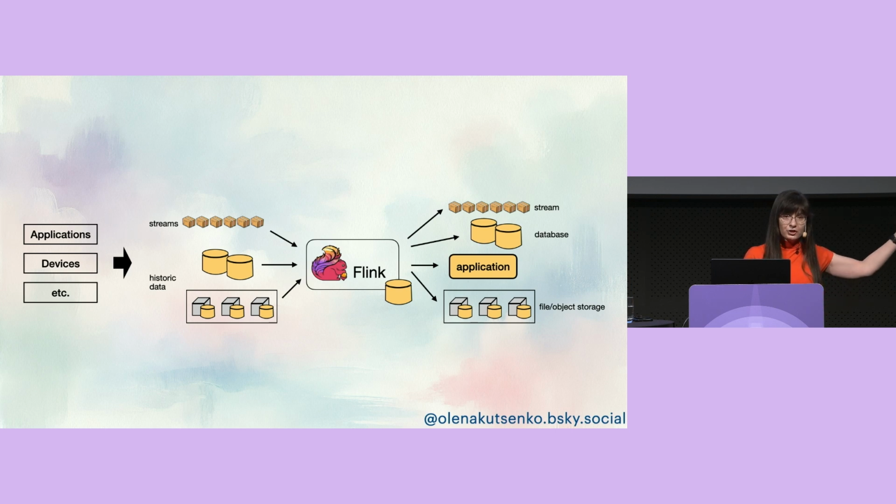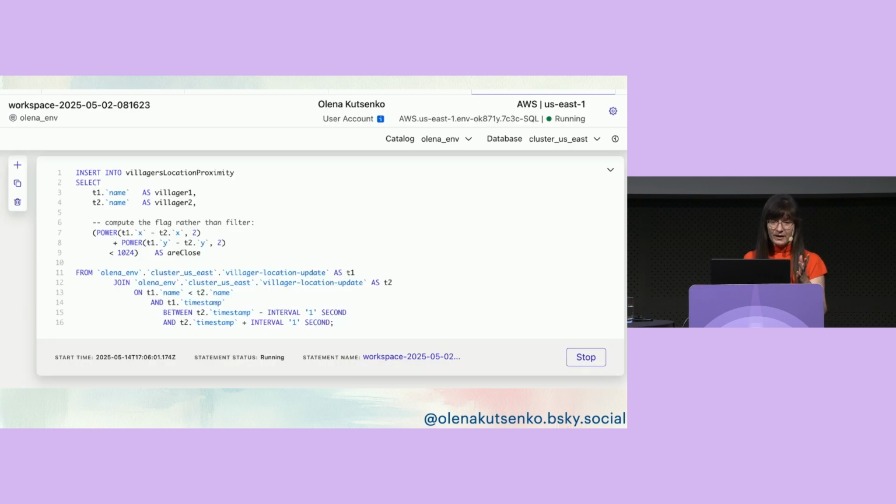It can ingest real-time data, which for us is the movement of those characters on the map, the change of locations. But you can also ingest historical data, which comes from databases or other sources. Then it outputs the data to whatever shape or form you need, like applications, or a database, or another stream.